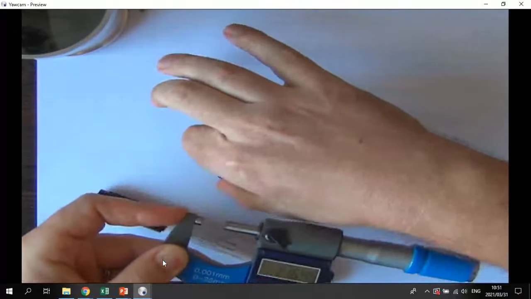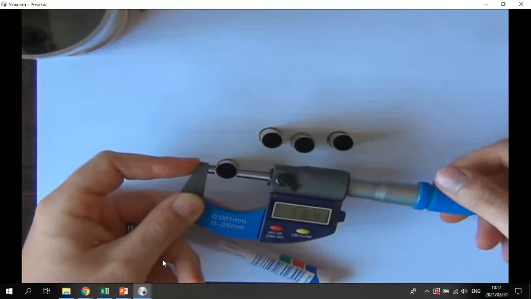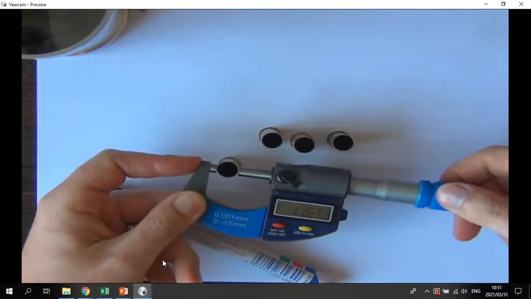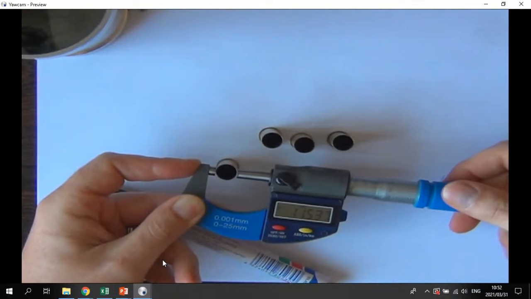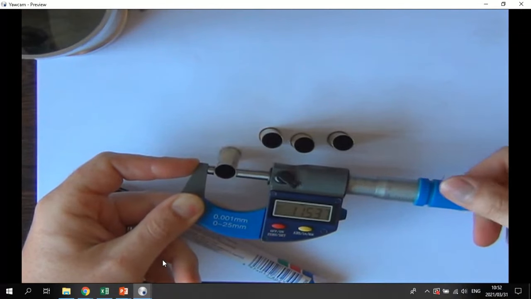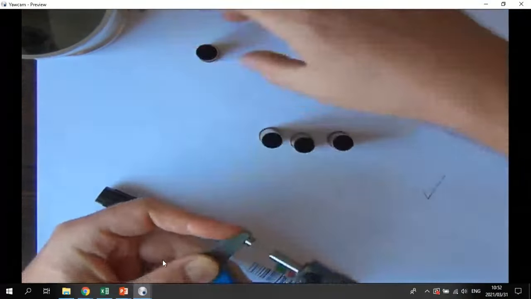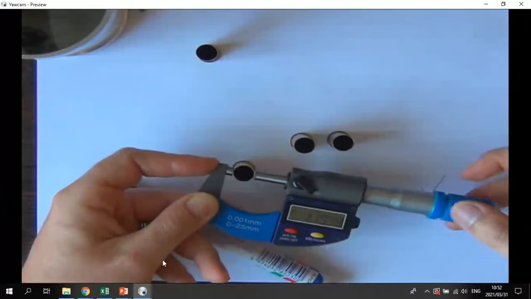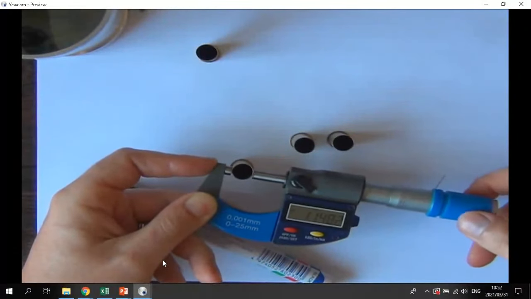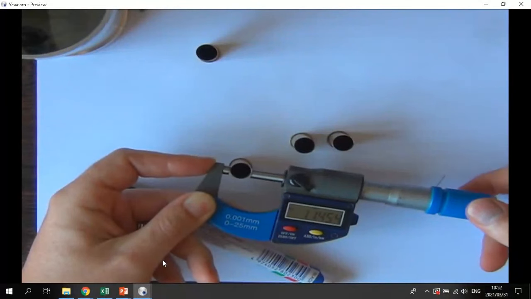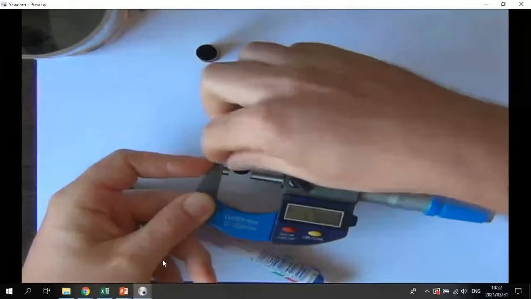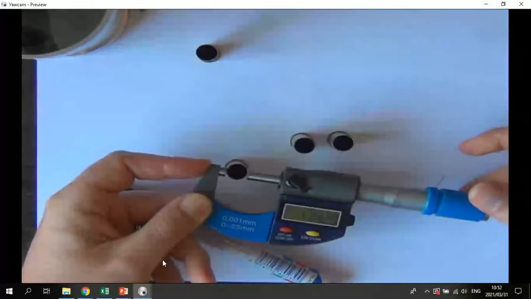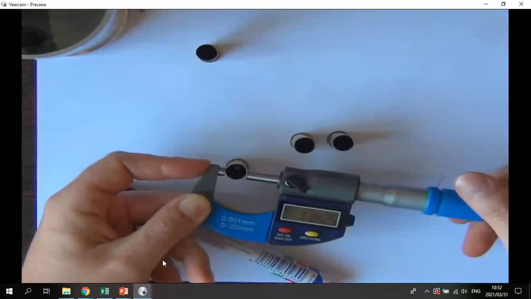If I turn it 90 degrees, there it's 11.537. So this thing isn't perfectly round. Let's see the next one. 11.454. 11.425.